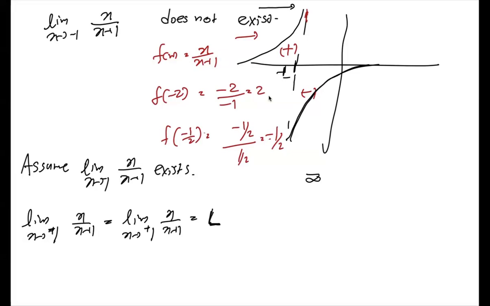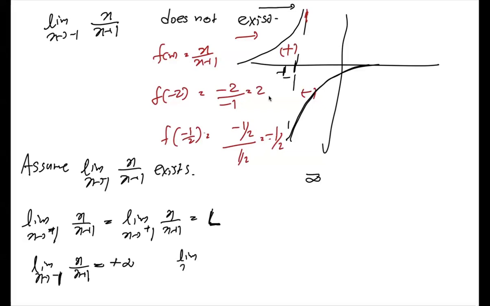So then, by looking at this graph, if you don't want to follow the definition, you can easily tell the left-hand side limit of x over x plus 1 is positive infinity.